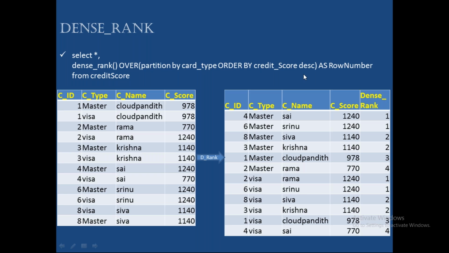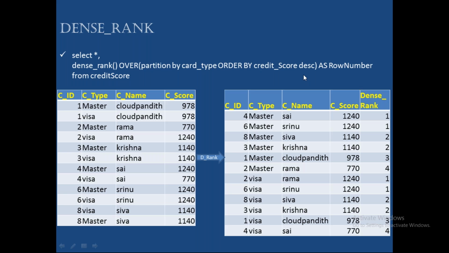Understood? This is a very important question, friends. As I mentioned earlier, the first important question is how to remove duplicates in SQL Server and in data flow. You may get those 2 questions. The next question is, what is the difference between row number, rank, and dense rank? The same thing they will ask in your data flow.